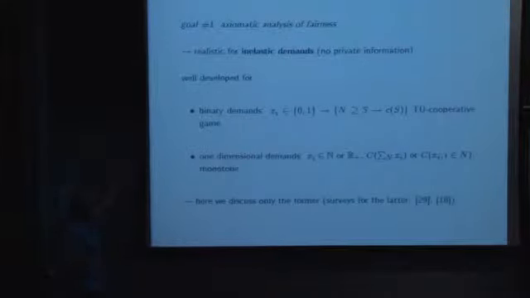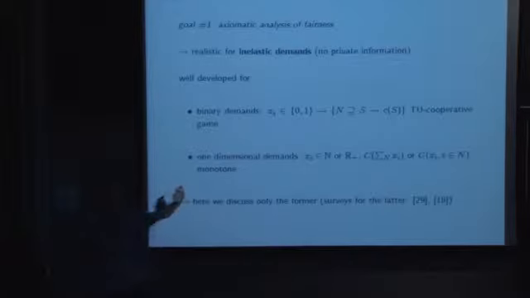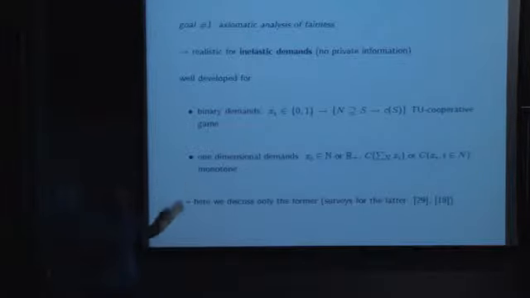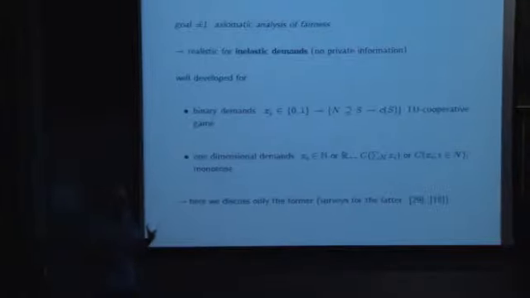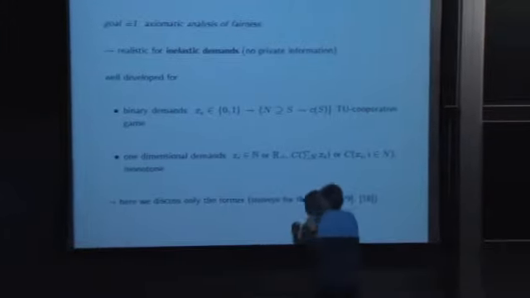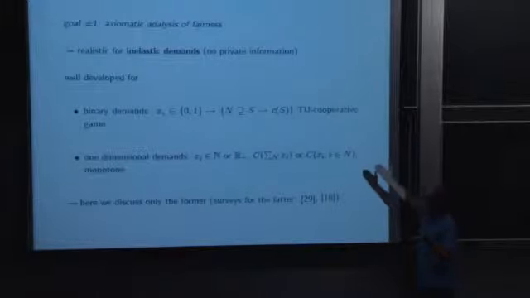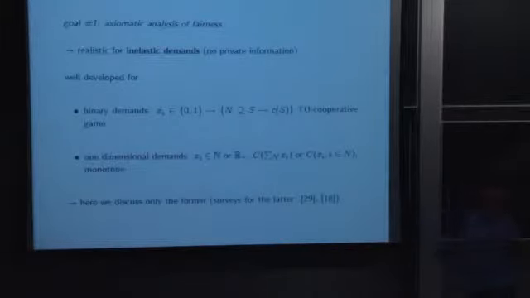This model is very well developed for the case where the demands are simply 0 or 1. For the case where you are talking of a commons, a technology which provides a service, for instance connectivity, connection to the source, and you have a cost function C, which, since each demand is 0 or 1, is simply a set function.